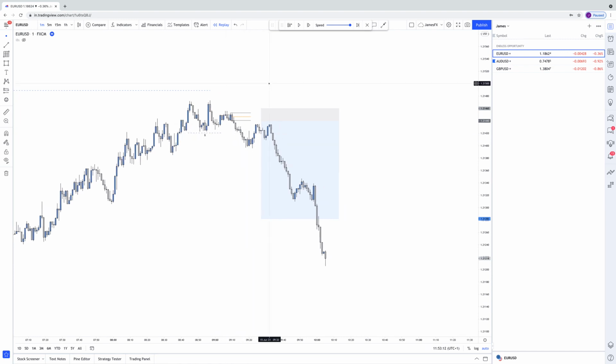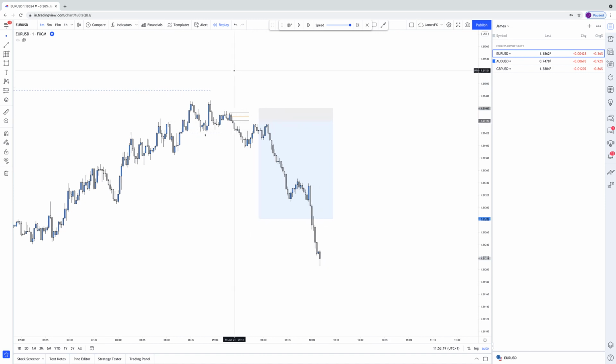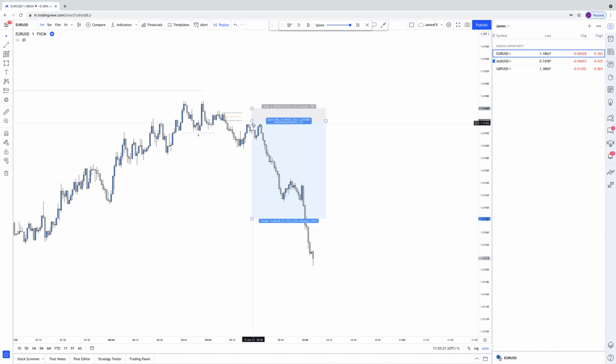I was speaking to someone in Discord. I think someone else took this entry as well, but as you can see, we did not get tagged in. The last up candle is what I'm looking at, which is here, and then we broke structure. So I did set an entry.